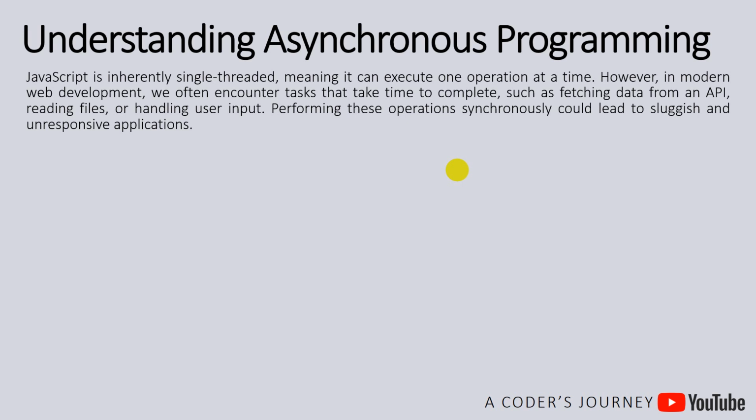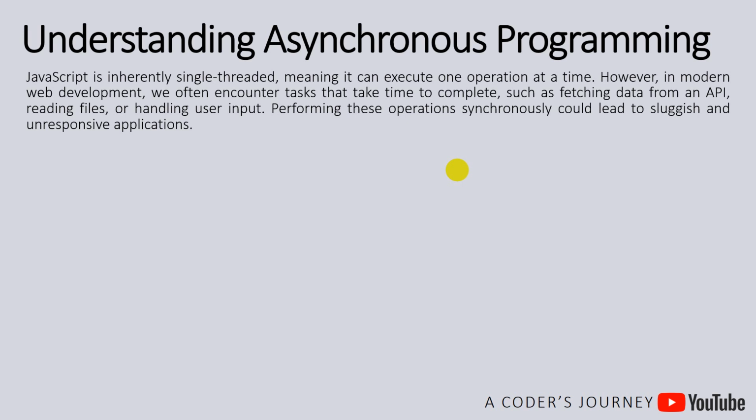So, it doesn't work like other normal scenarios. When you send out a request to a backend API, like for example with Axios, or when you are reading files, right? Or even when you are handling user input, all of these scenarios require asynchronous programming, because in those cases, your code is not going to get executed one operation at a time.